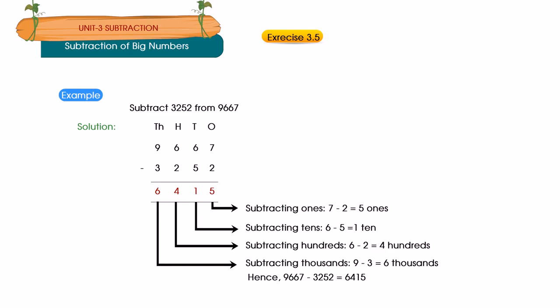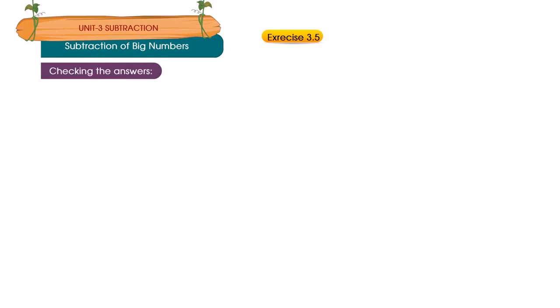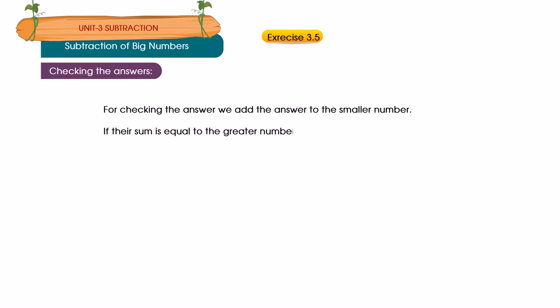Checking the answers. For checking the answer, we add the answer to the smaller number. If their sum is equal to the greater number, we say that the answer is correct.